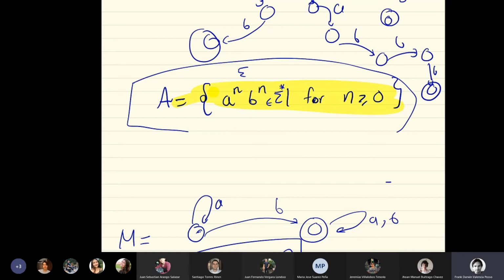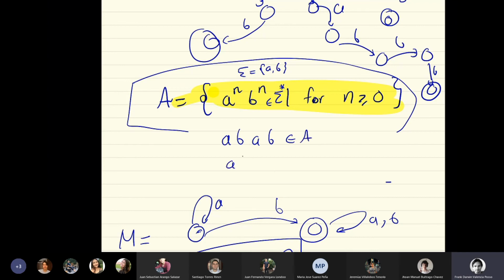Your alphabet is A's and B's. Those are your symbols. And you want all the strings of the form A to the n, B to the n. This string that you propose does not belong to A.